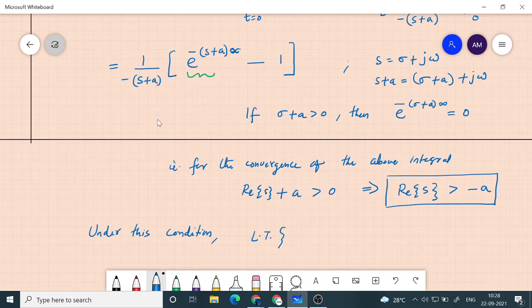Under this condition, Laplace transform of e raised to minus at into u of t is equal to 1 by minus of s plus a into 0 minus 1.